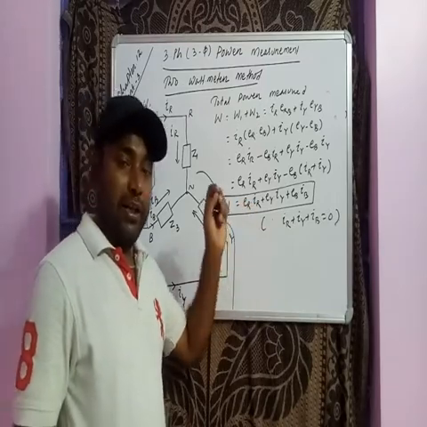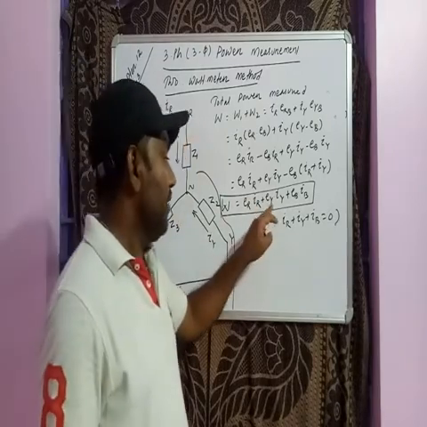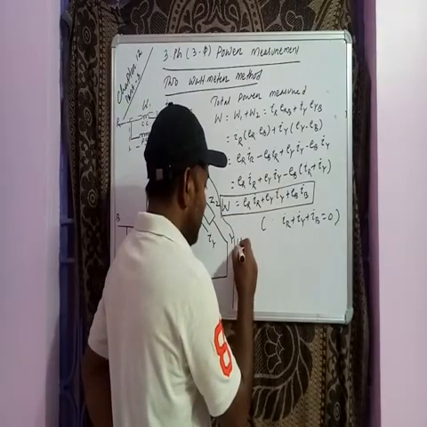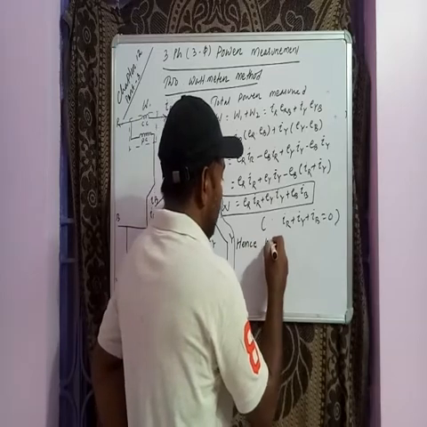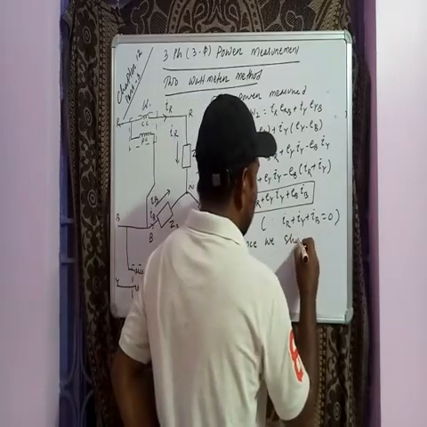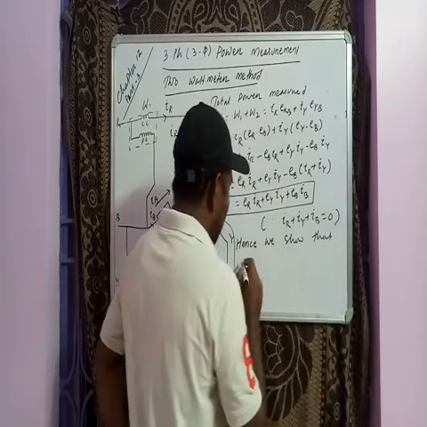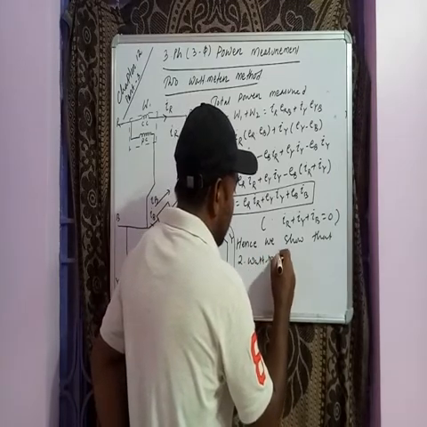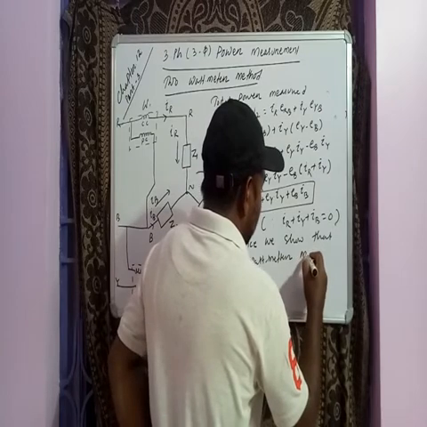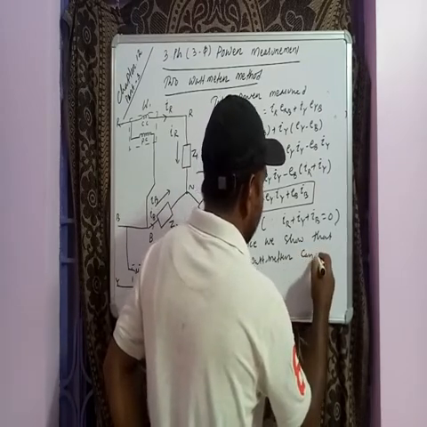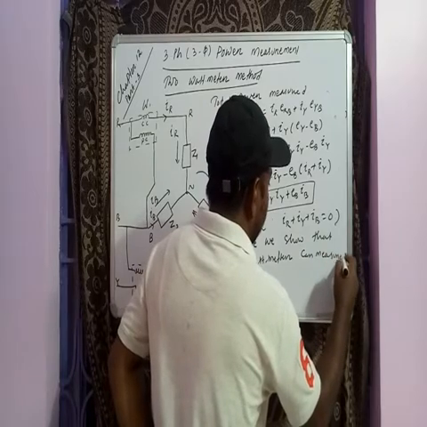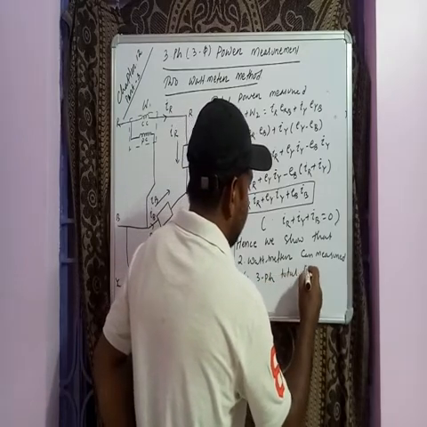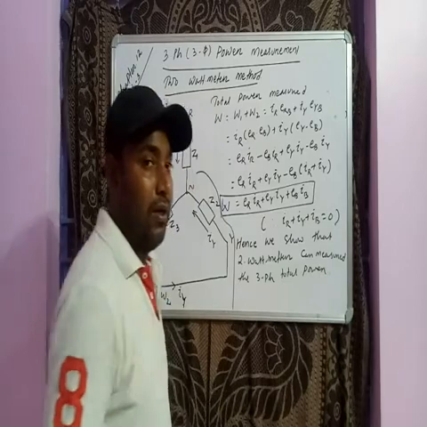So voltage into current, it is the power of this one R, it is the power of Y, it is the power of B. Hence, we show here that 2 wattmeter can measure the 3-phase total power. 3-phase total power. It is proved.